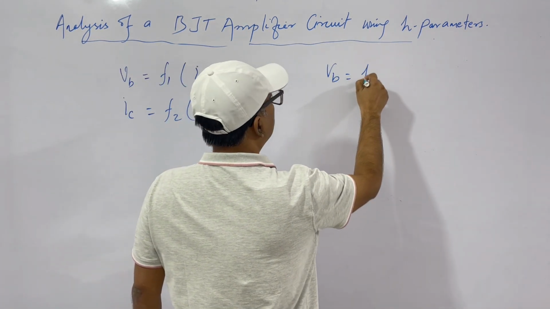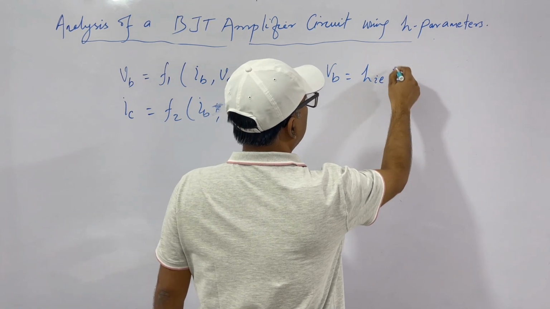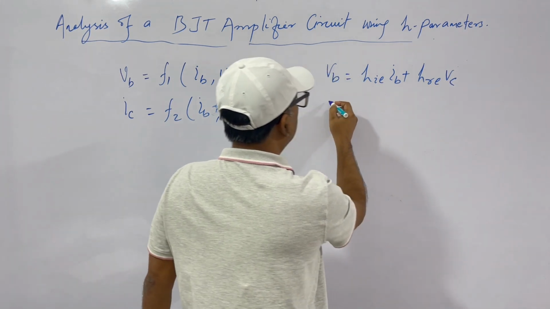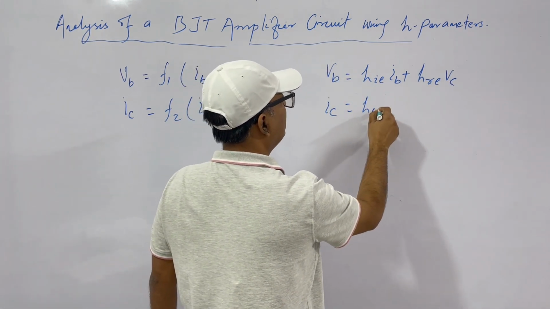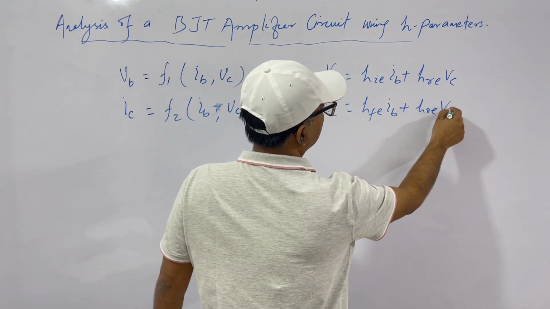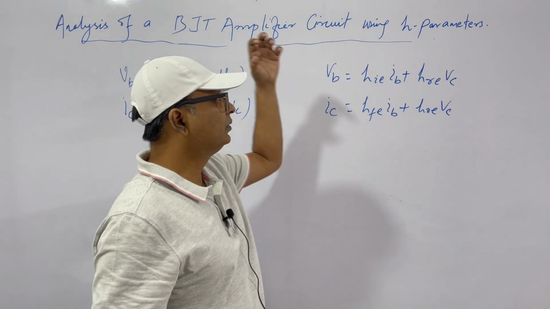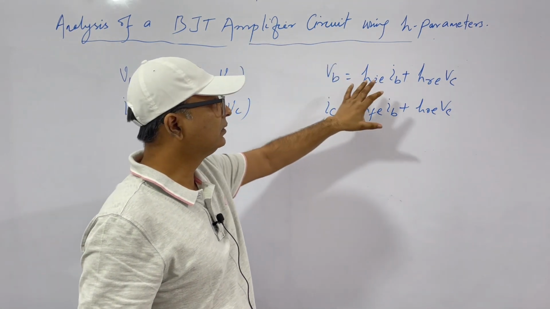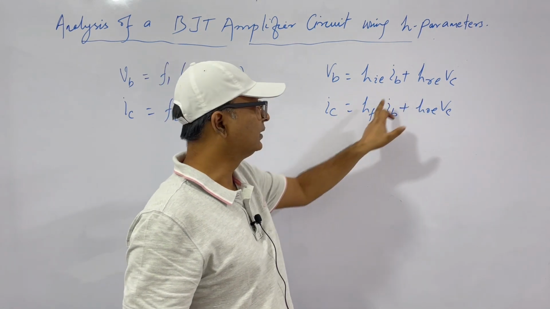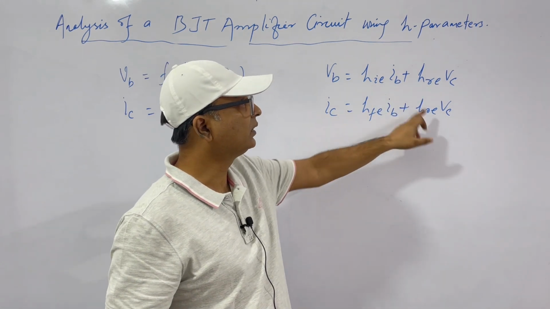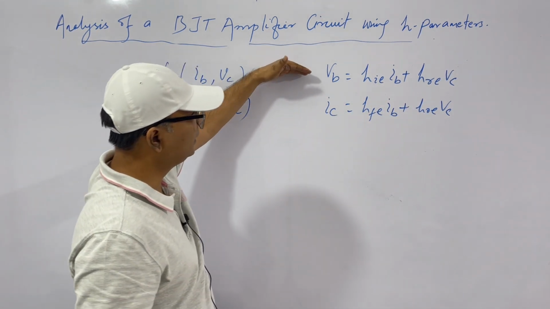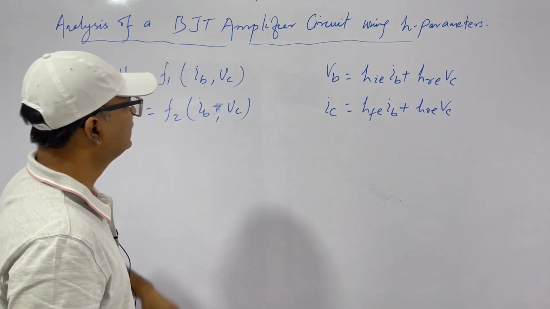VB is equal to HIE-IB plus HRE-VC, and IC is HFE-IB plus HOE-VC. If you forget the parameters, try to remember that this is input, this is the reverse transfer, this is the forward transfer, and this is the output. So HI, then HR, then HF, and then HO. And input side we take the voltage, and output side we take the current.